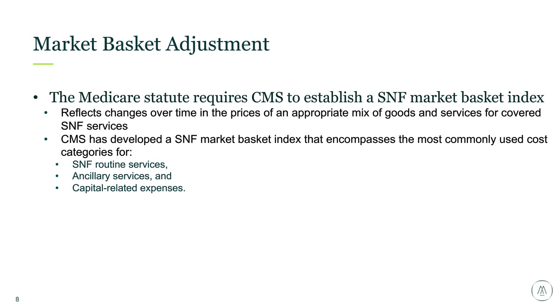So just a quick note on the market basket adjustment, because it will be interesting to see how CMS continues to implement this. CMS uses the Medicare cost reports for providers of all types to make most of their calculations in their rulemaking. So for skilled nursing facilities specifically, in order to update the market basket each year, they're using routine services, ancillary services, and capital-related expenses in order to determine over a period of time what the change has been in the costs of goods and services for skilled nursing providers, acute care facilities, inpatient rehab, and so forth.